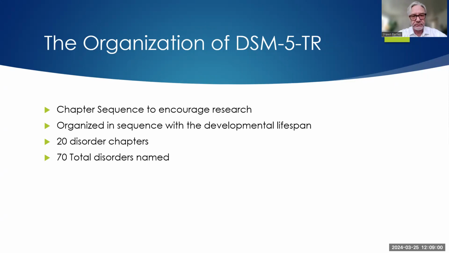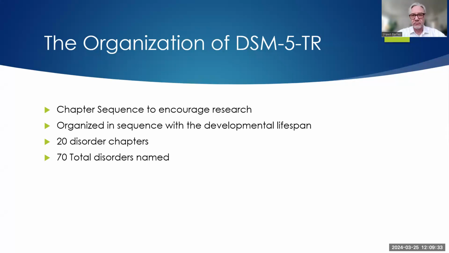But it's also presenting to the clinician how things are grouped together based on your developmental span, so from cradle to grave. They show disorders that are typically diagnosed during childhood first, and then diagnoses that can be made later in life.